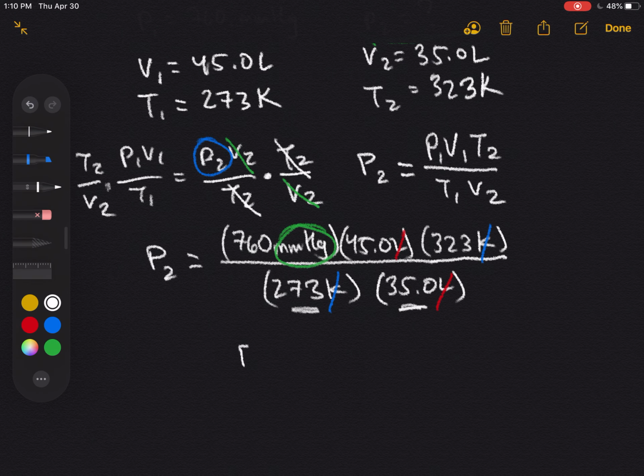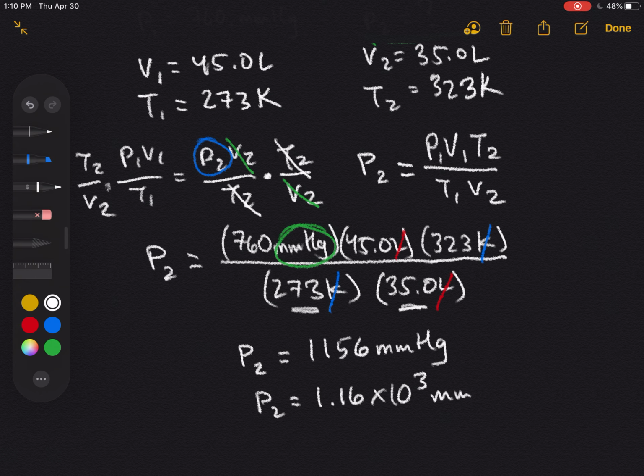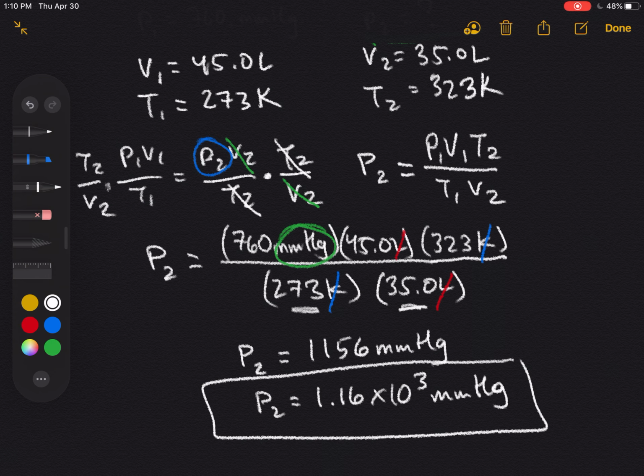So if I do this, my pressure calculates to be 1156 millimeters of mercury. I look at this, it's 3 significant figures, and so my P2 is equal to 1.16 times 10 to the third millimeters of mercury. And that is how we use the combined gas law to figure out something a little more complex, where pressure, volume, and temperature are all changing. We can still calculate it. It's just a little bit more cumbersome.